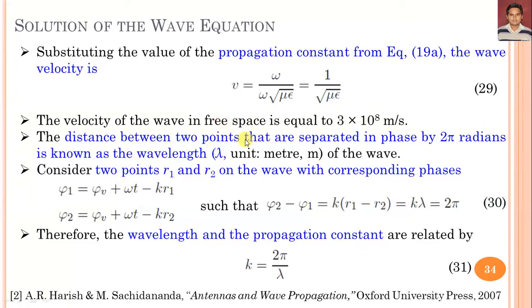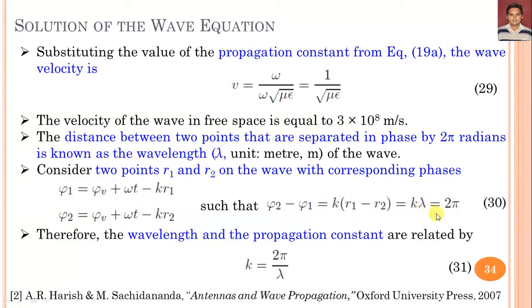The distance between two points whose phases are separated by 2 pi radian is known as the wavelength lambda of the wave. So we have considered two important points r1 and r2 on the wave with corresponding phases phi 1 and phi 2, and the difference of these two phases is equal to multiples of 2 pi.